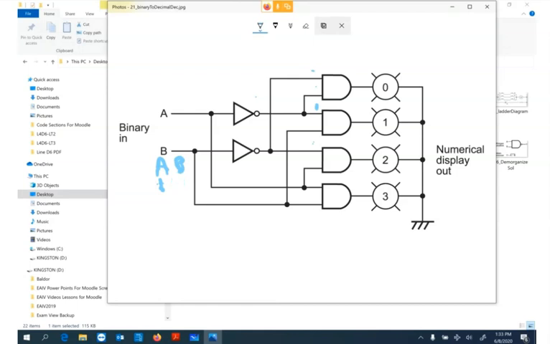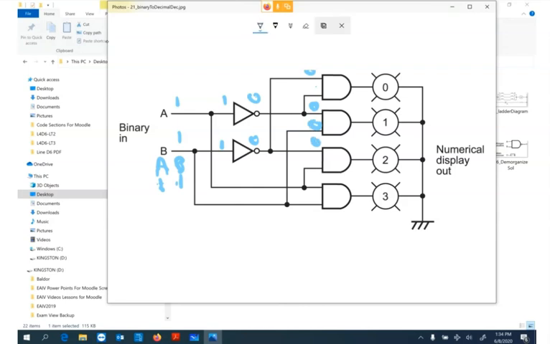What happens when we turn on both? Put a 1 here, which is meaning voltage. 1, 1 means 0, 0. That means a 0 here, a 0 here, so we can't be 0. Also means a 0 here, so it can't be 1. And a 0 here.